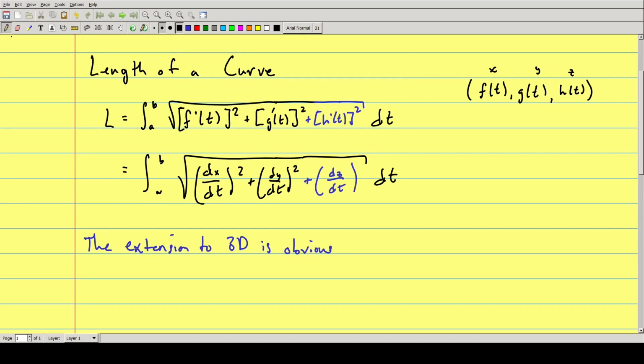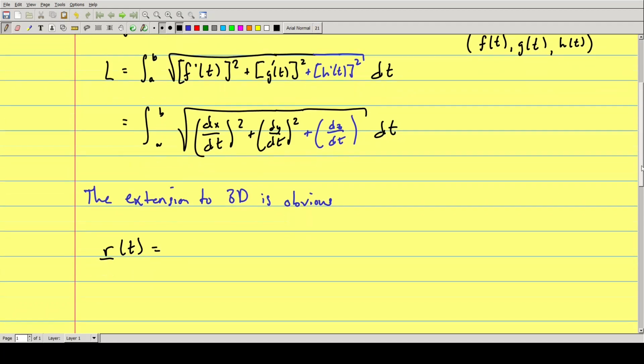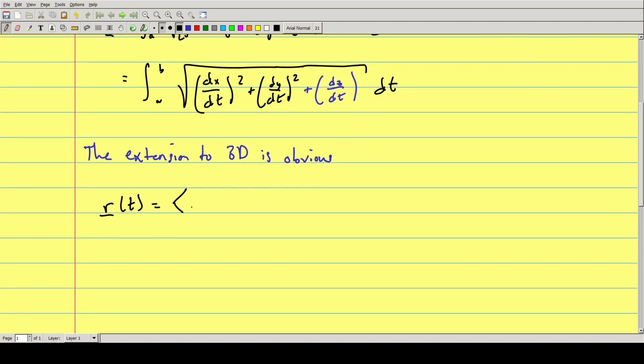So the expression that we're going to think of instead is, if we have r of t and we have our parameter functions, and there could potentially be any number of these, right?